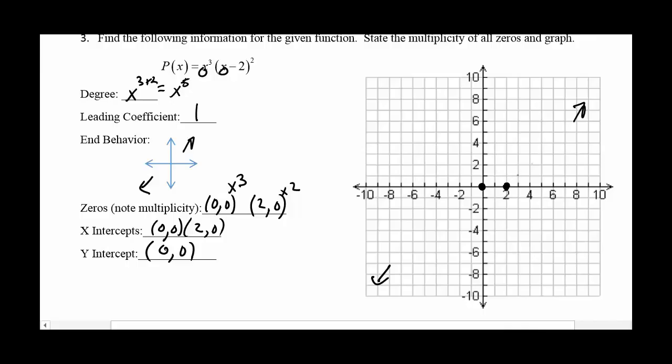I know it's got to bounce at 2, and it's got to wiggle through the origin. So all I have to do is connect all of those little facts together. It's going to have to turn around somewhere and go out that way. So that's our picture of number 3.